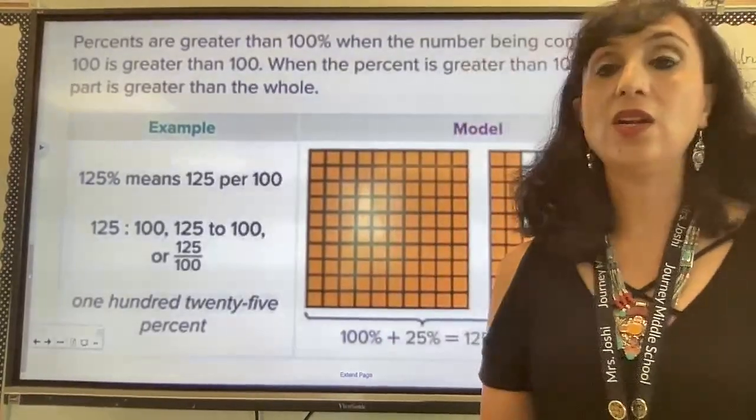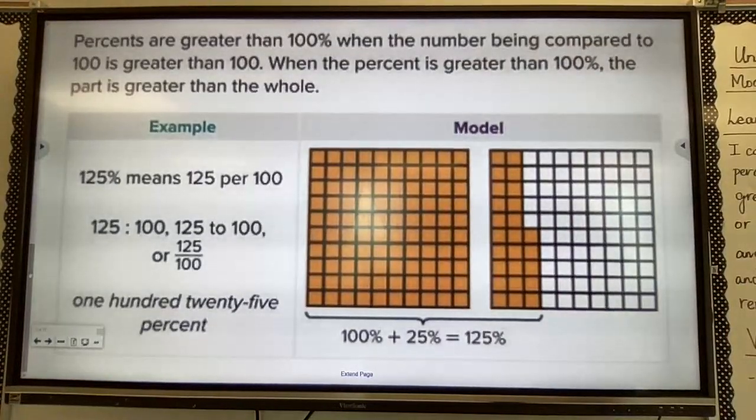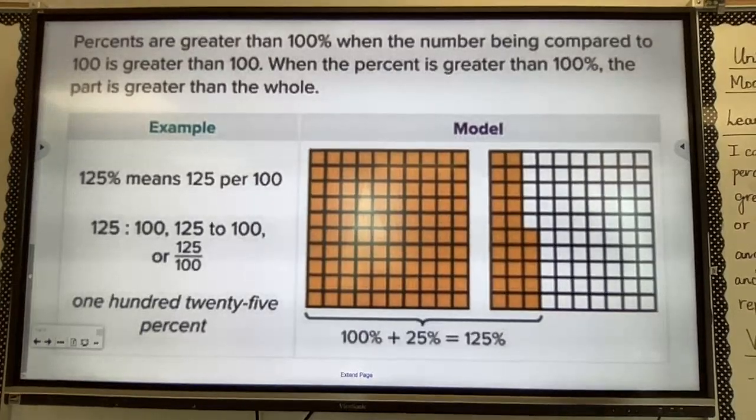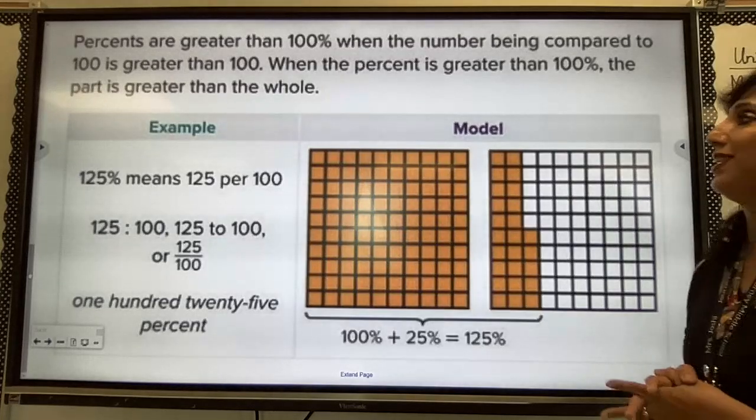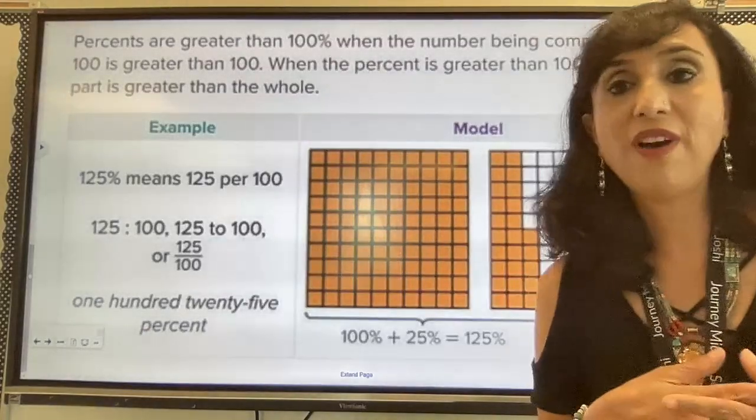So let's look at another question really quick. Suppose the rainfall in 2020 is 5 inches. What percent compares the rainfall in 2020 to the rainfall in 2019? Because in 2019 we also had 5, and in 2020 also 5.